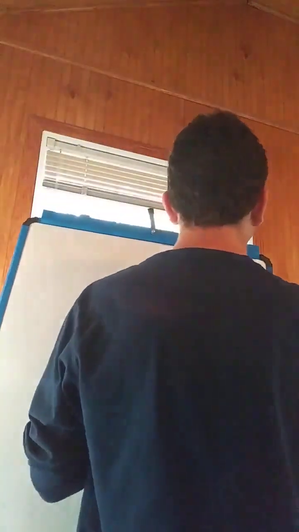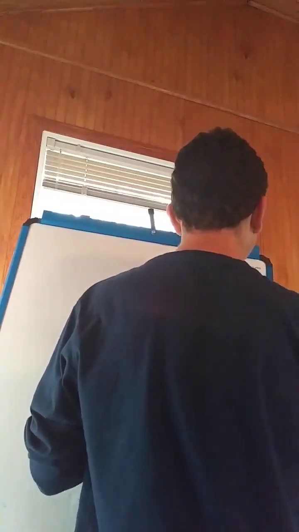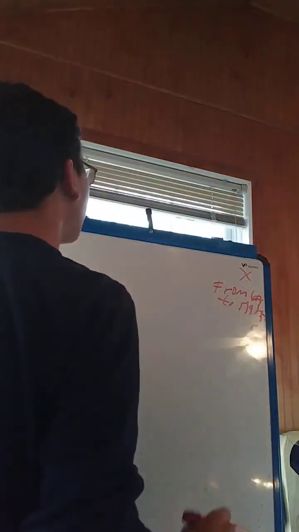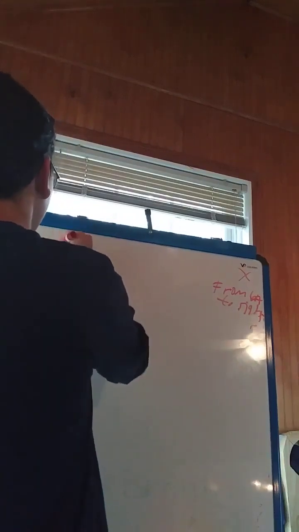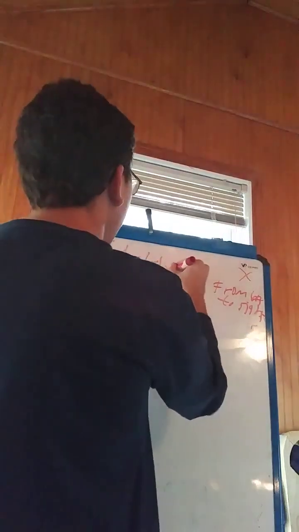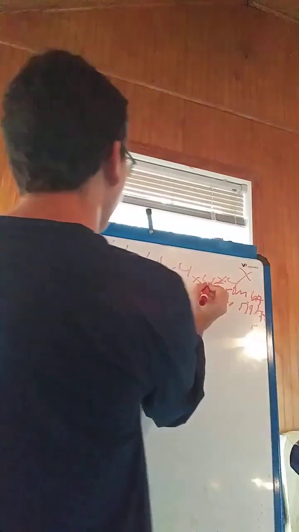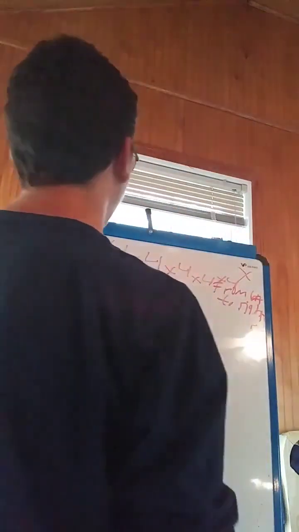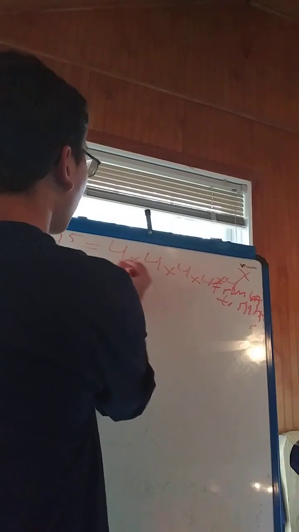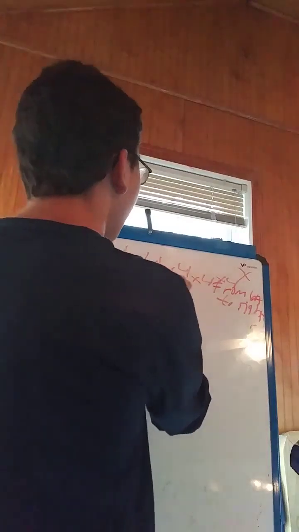I'll write that out again. Another one would be 4 to the 5th power. And that would equal 4 times 4 times 4 times 4 times another 4. So 4 times 4, bear with me, is 16. And then we have to drop everything else down.